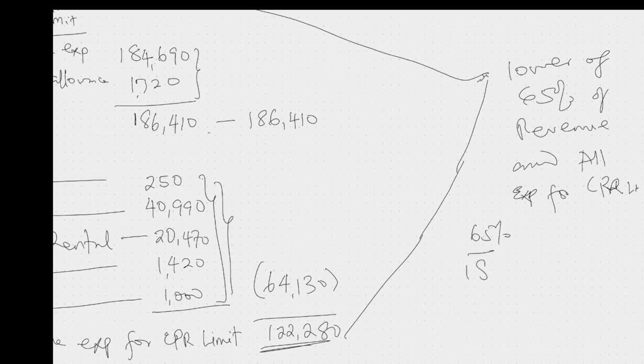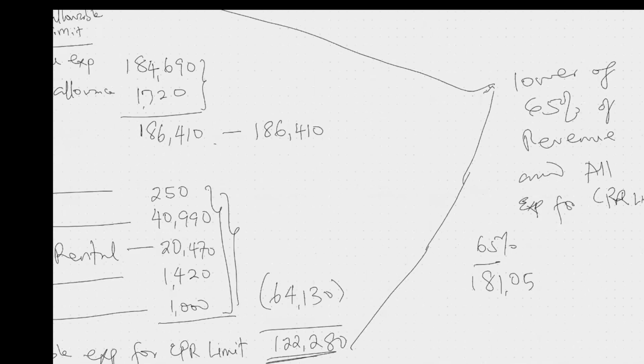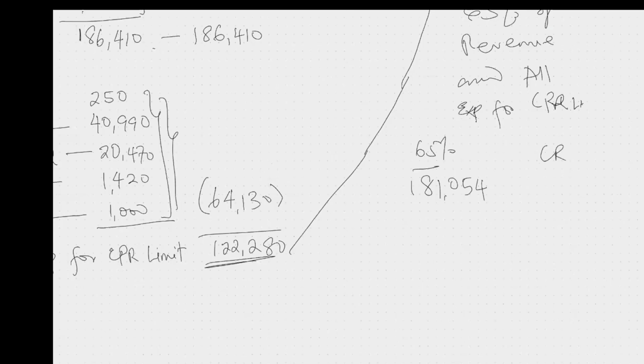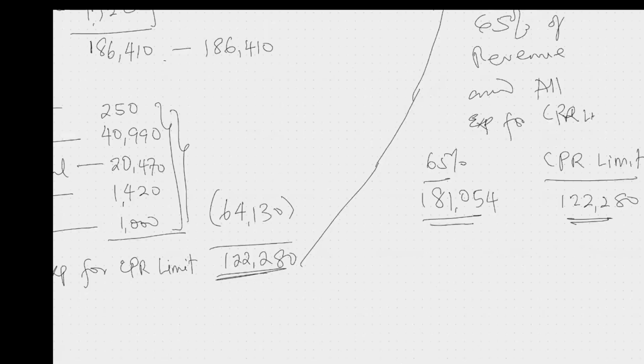Our CPR limits gave us 122,280. So which one are we taking? 122,280. But don't forget that our allowable expenses for this year was this one, so by implication, we carry forward the balance.